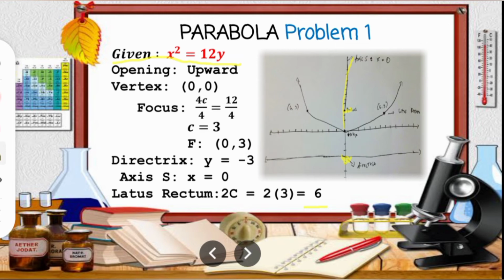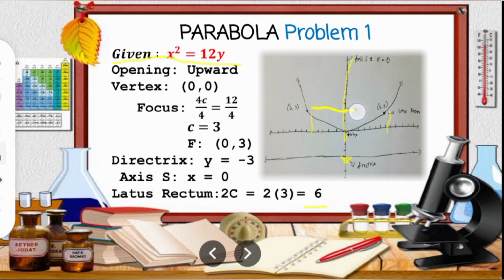So we count from the vertex along the x-axis, positive and negative. So we come up here with 6 and here also 6, giving us the points (6, 3) and (negative 6, 3).